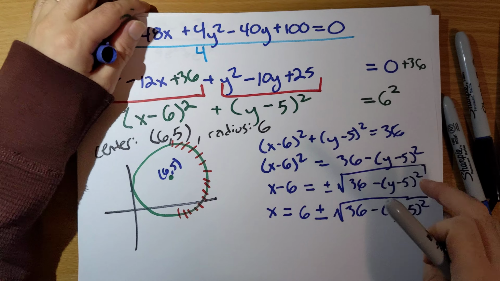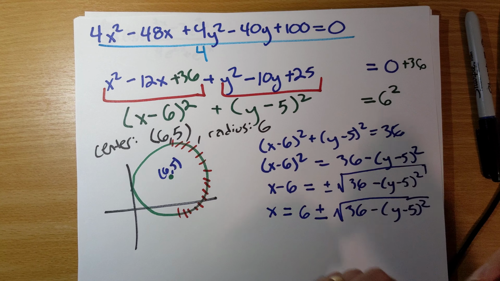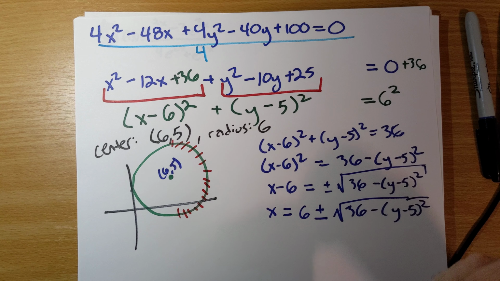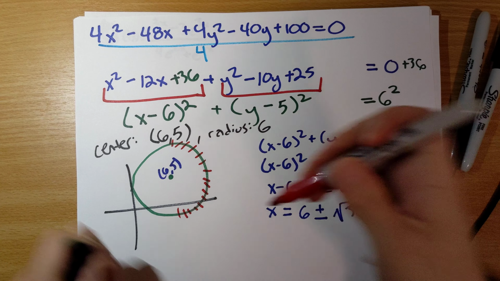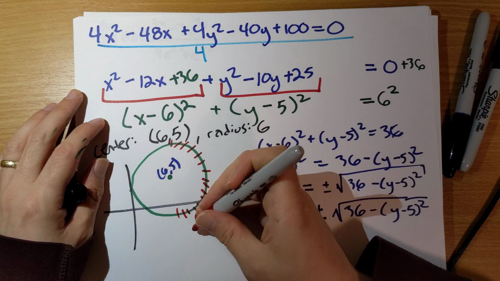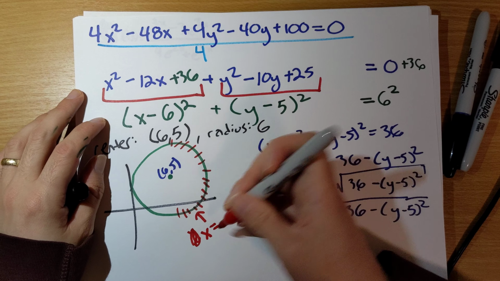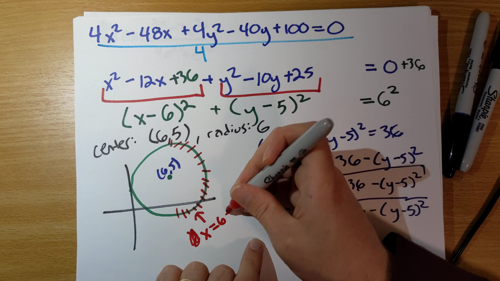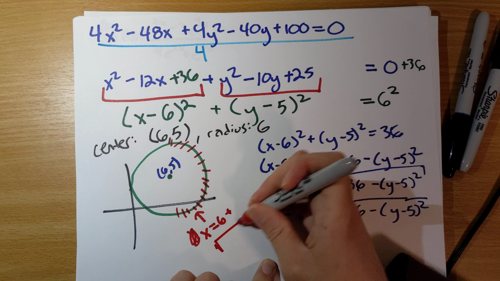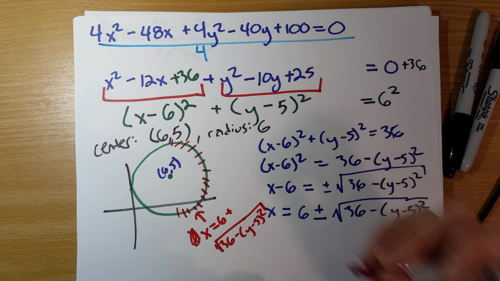Well, we can see from the graph it's to the right of 6, and so we want that to be bigger than 6. And so we conclude here that the right semicircle is of the form x is equal to 6 plus the square root of 36 minus y minus 5 squared.